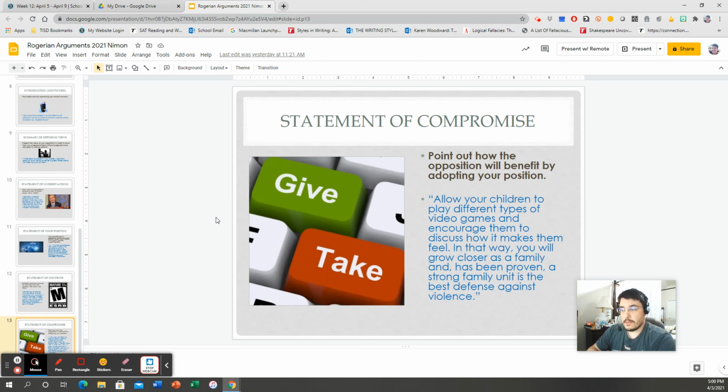And you'll see with several famous examples throughout history of Rogerian arguments that this can be highly, highly effective if done correctly. Gandhi used this to huge effect. Dr. Martin Luther King Jr. used this method to great effect.